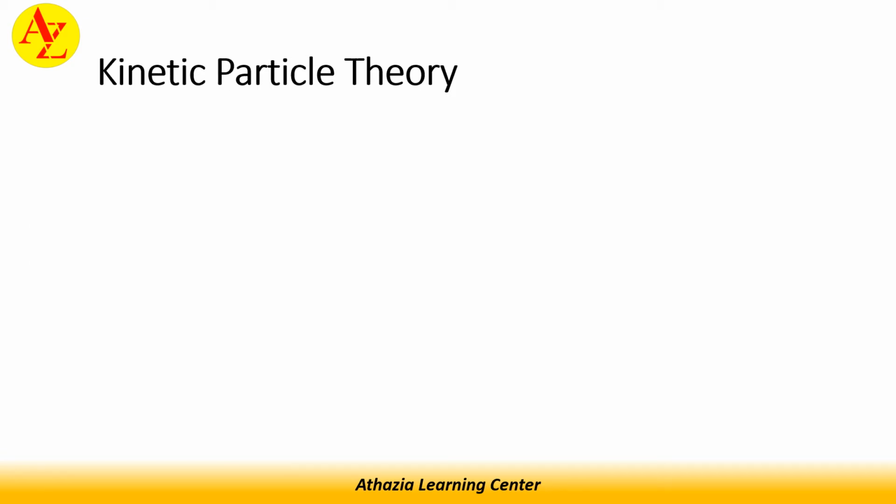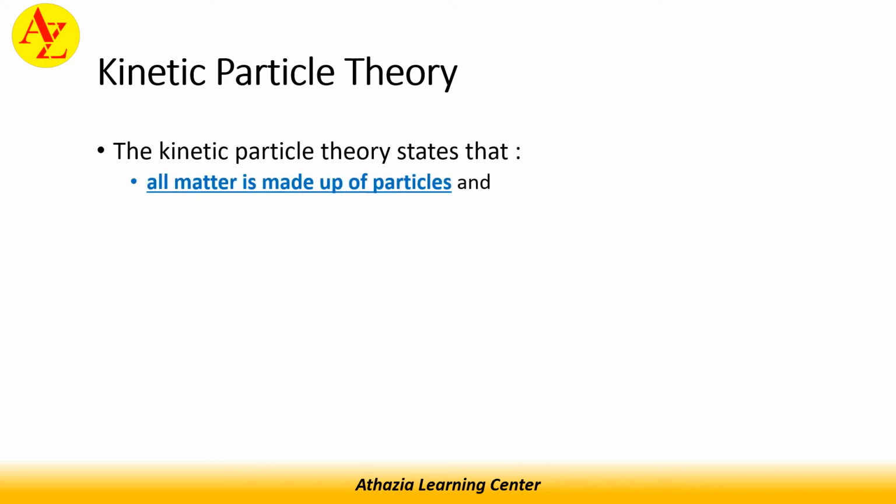As we want to study matter from the point of view of kinetic particle theory, we need to know what kinetic particle theory is. The kinetic particle theory states that all matter is made up of particles and that these particles are in constant random motion.